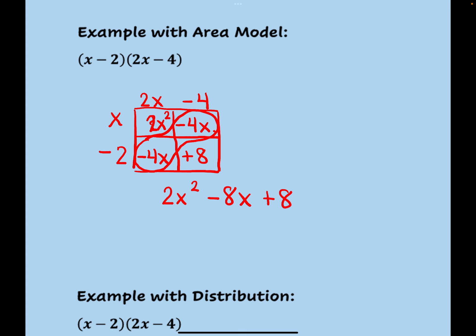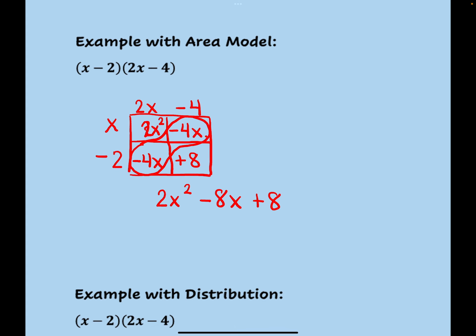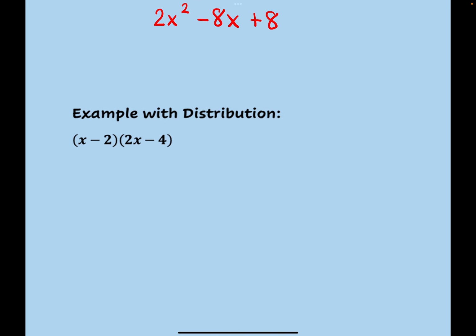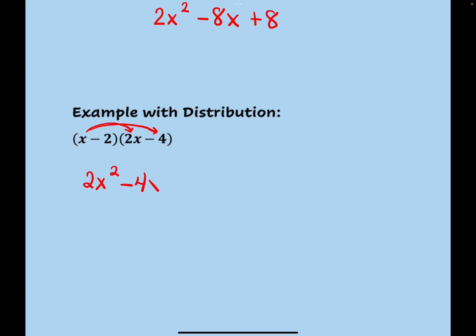Now, if you prefer distribution, let's go ahead and do one of those. So with distribution, I'm going to take x times 2x, and I have 2x squared, x times negative 4, which gives me negative 4x, negative 2 times 2x gives me negative 4x, and negative 2 times negative 4 gives me positive 8.